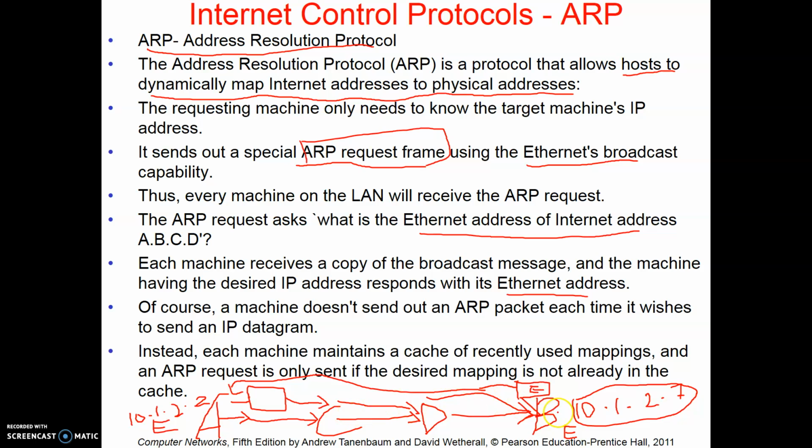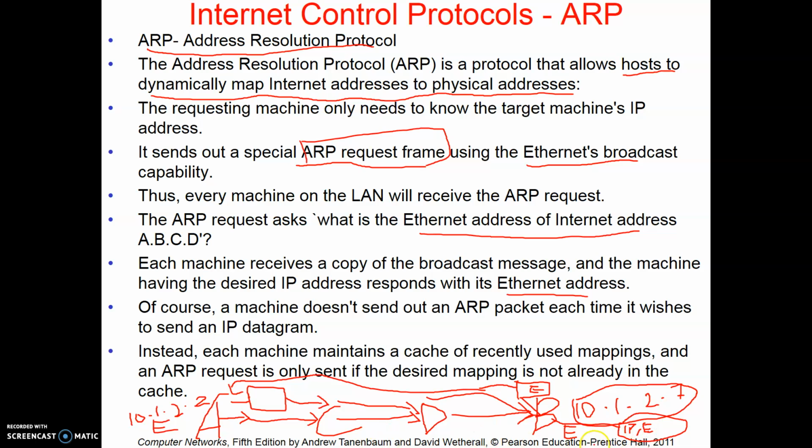Since A wants to communicate with B, B is almost sure that it also needs the IP address of A, and not only the IP address, also the Ethernet address of A. So each and every machine will have a cache which stores the corresponding IP address and Ethernet address of the communicating devices.